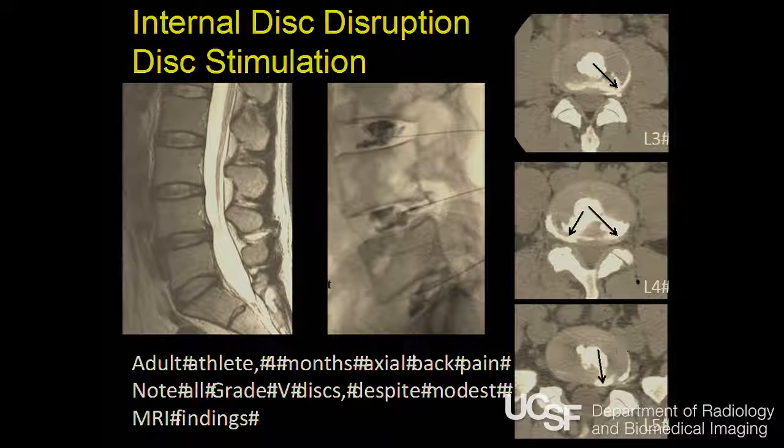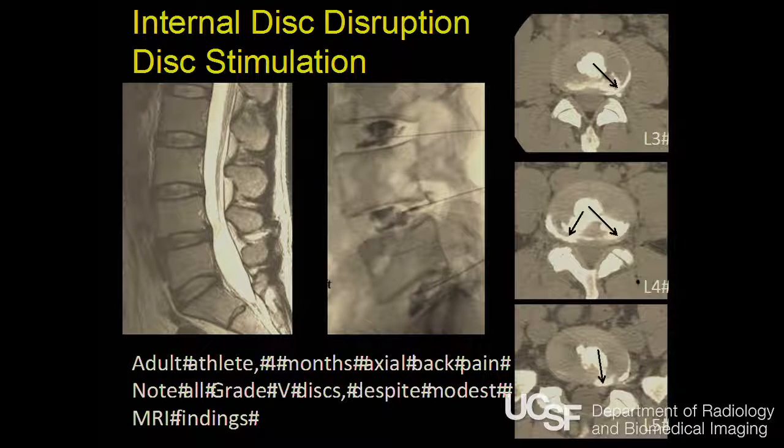Okay, so traditionally, the way of diagnosing the morphologic changes of internal disc disruption and the associated radial fissures was via discography. Discography is not being used as commonly as it used to be in the past, and there are various reasons for this.